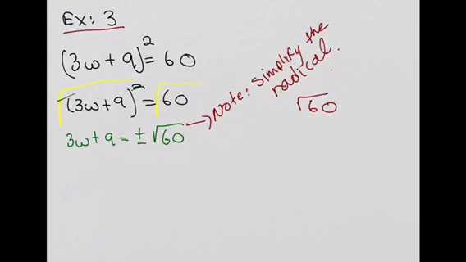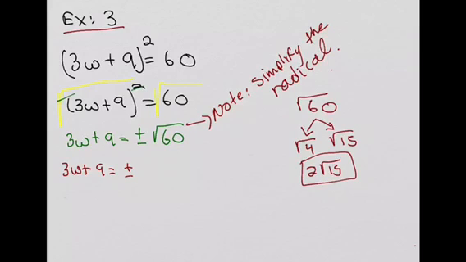This is going to be my side work. I'm going to break 60 into the square root of 4 times the square root of 15. 15 is not a perfect square, but 4 is. So the square root of 4 is 2, and then I have 15 inside the radical. I'm going to rewrite my problem with this right here replacing the square root of 60.